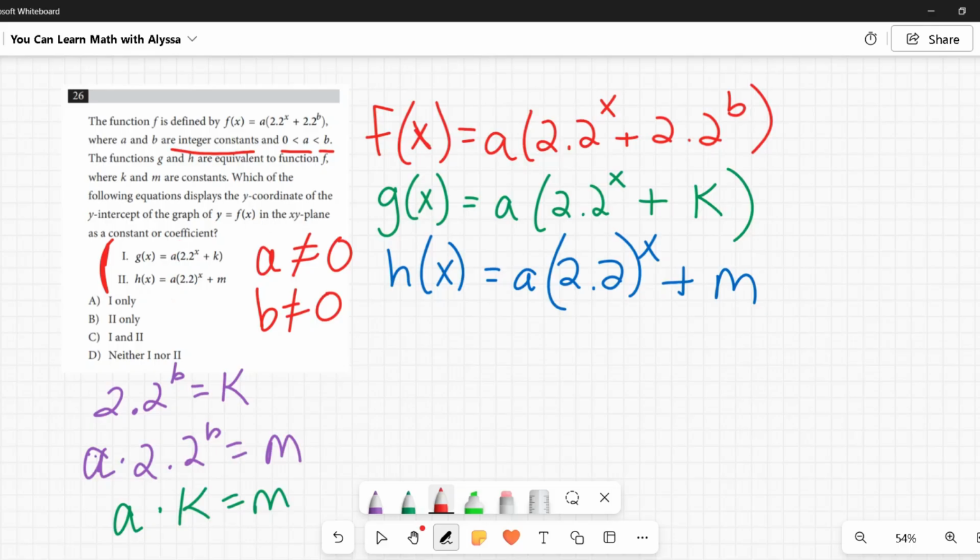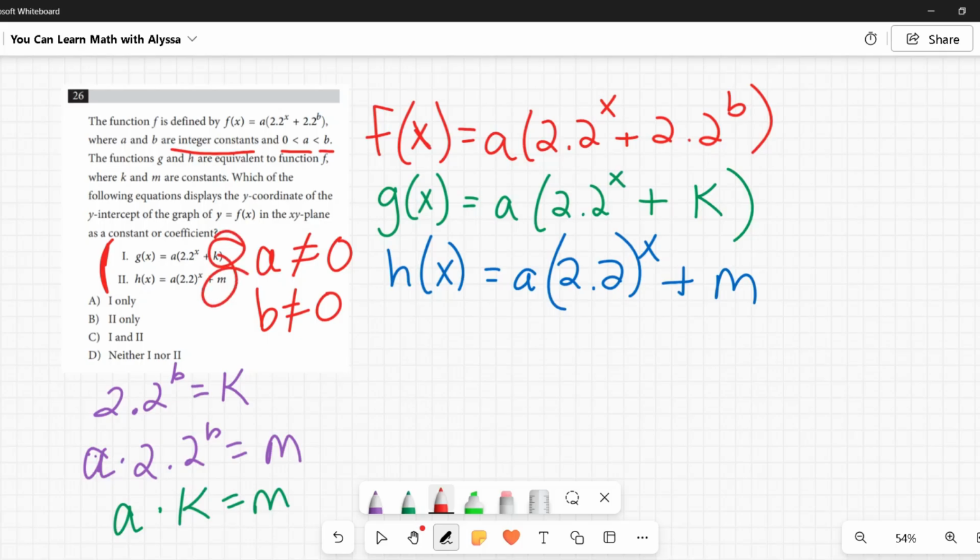They are constants, they're not changing. We're told a is a constant. And they're coefficients in that they are multiplying by this number, 2.2 to the power of x, and in the other one, 2.2 to the power of x plus k. So a would be one of the contenders that might fulfill the answer to their question. K is another constant.